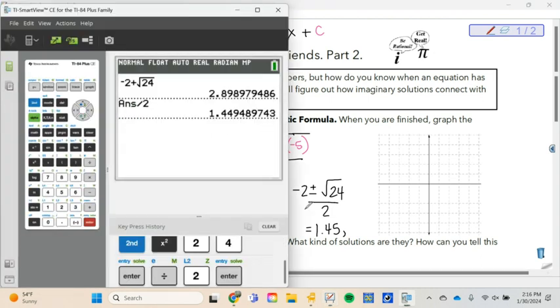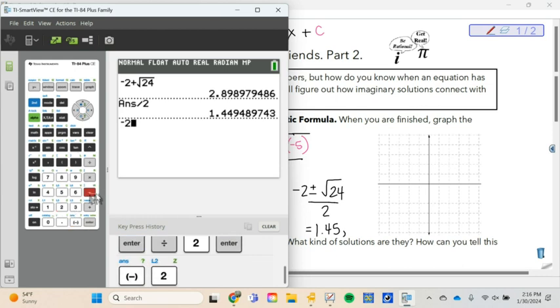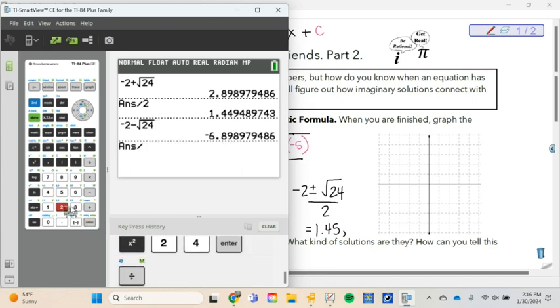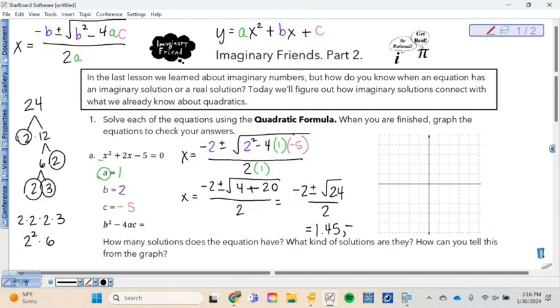And my second solution, I do the same thing except I have to subtract instead: negative 2 minus the square root of 24 divided by 2. And that's my second solution, negative 3.45. Do you see how I got those numbers?